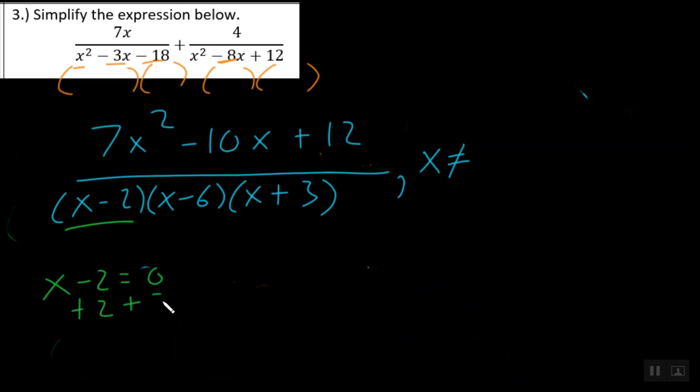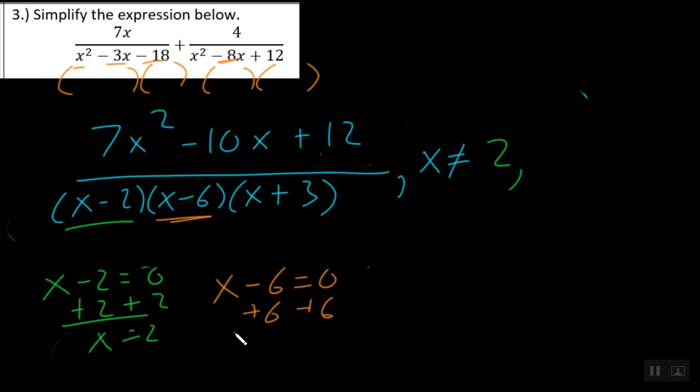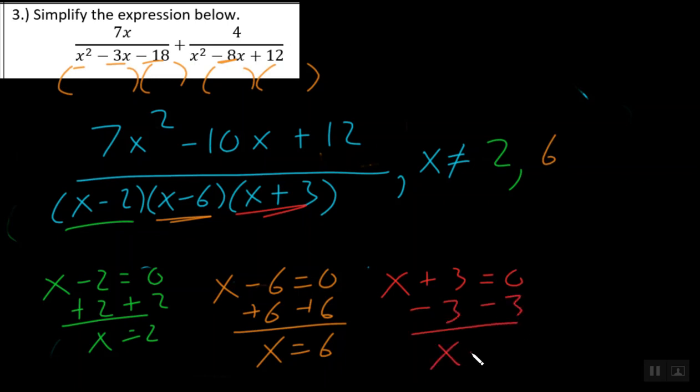We add 2 to both sides, and x is equal to positive 2. So x cannot equal 2. Okay? We have x minus 6. We set x minus 6 equal to 0, plus 6, and x is equal to 6. Our last one, we have x plus 3. We write x plus 3 equals 0, minus 3, and x cannot equal negative 3.